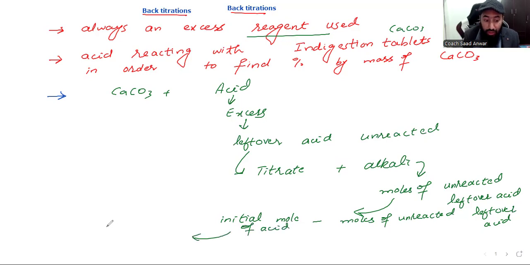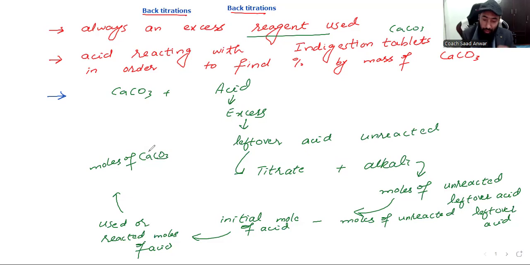This will give us used, or let's say reacted, moles of acid. Then we utilize these reacted moles of acid to find moles of calcium carbonate. So something like this, we will proceed in the calculation of back titration.